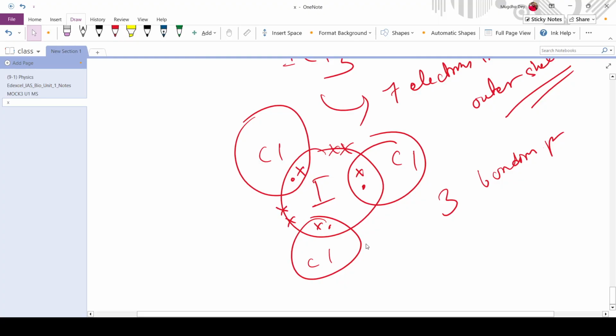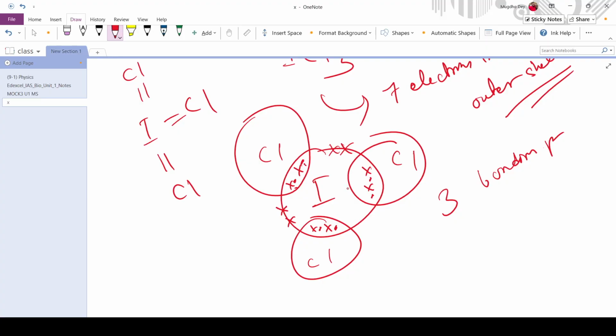Okay, so ICl3 is an example. In ICl3, what happens is that you have something like this. So here we go, one, two, three, four.